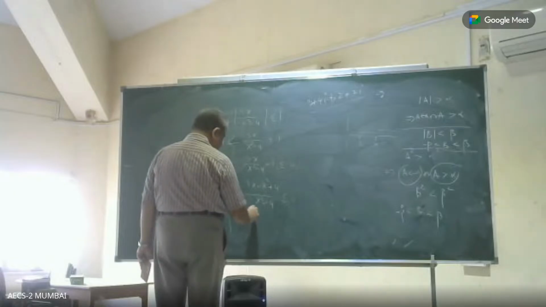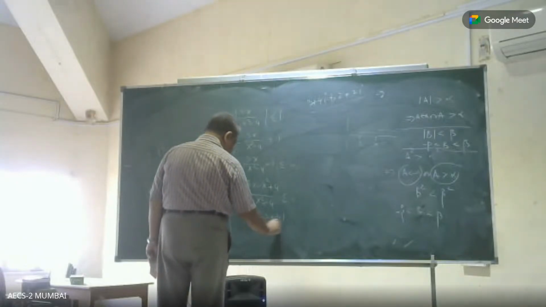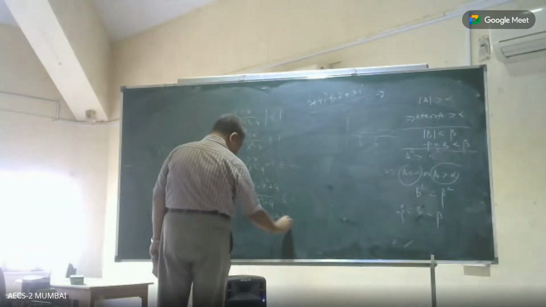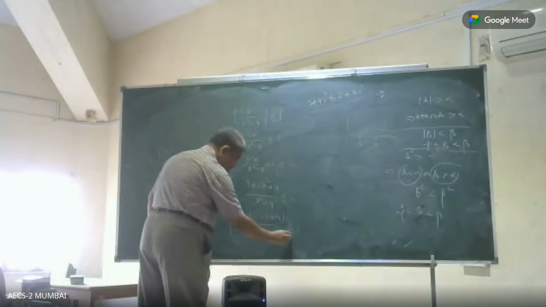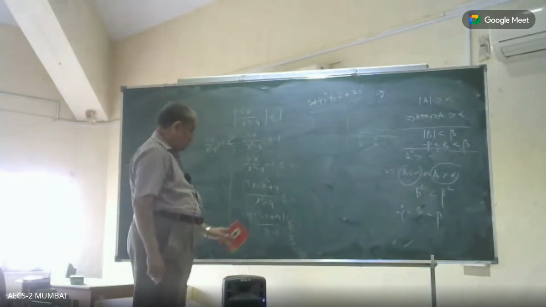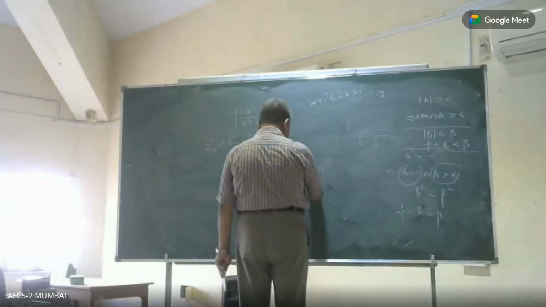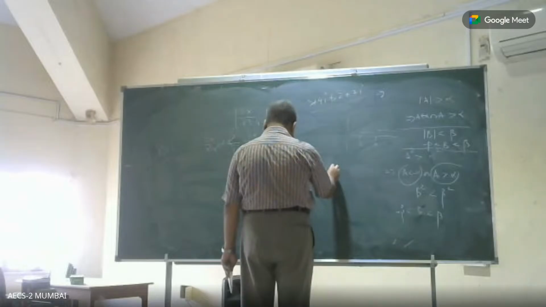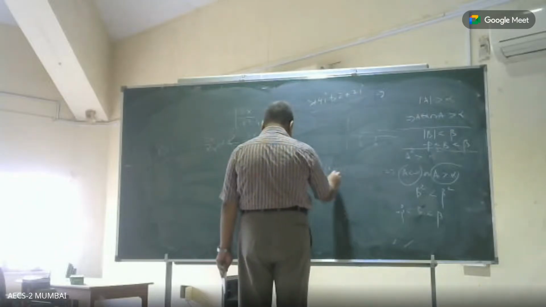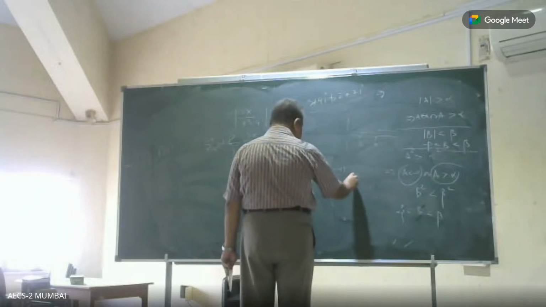So what are the factors? Take minus common. You see this minus sign I will cancel and this sign will change. And what are the factors of this? x minus 1, x minus 4, x plus 1, x minus 4, upon x minus 2, x plus 2, greater than 3.